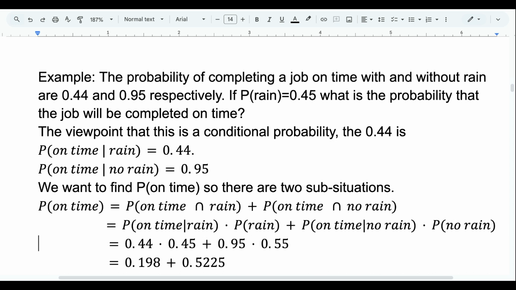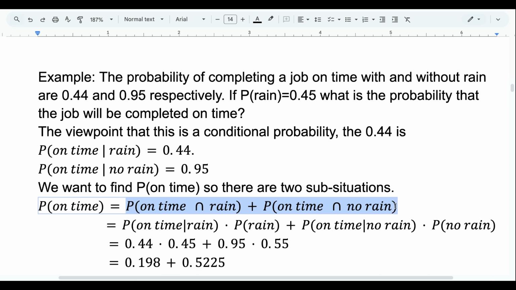Now, we know that we are given the conditional probabilities. We're given that the probability that the job is completed on time, given it rained, is 0.44. The probability the job is completed on time, given no rain, is 0.95. We want to find the probability of on time. So we split that up. We could have on time and rain, or we could have on time and no rain.